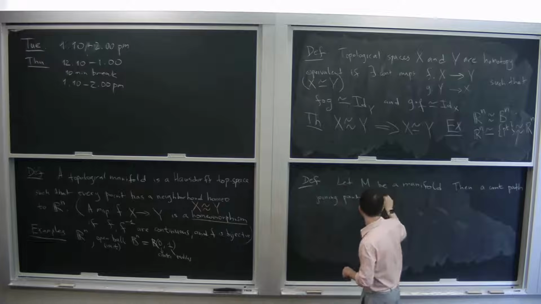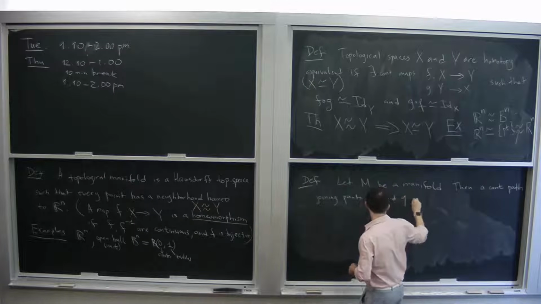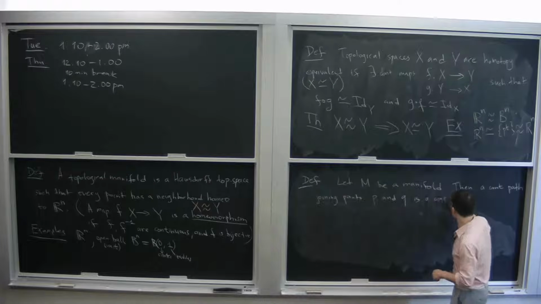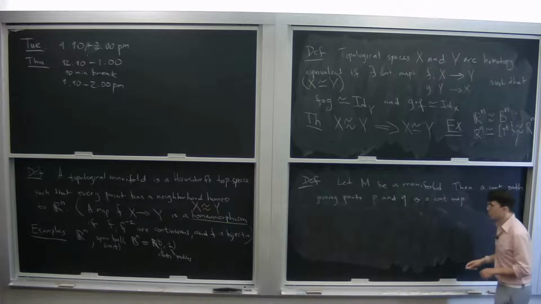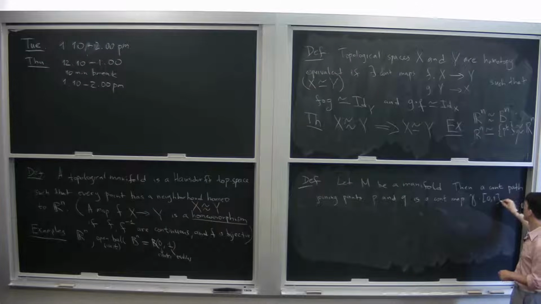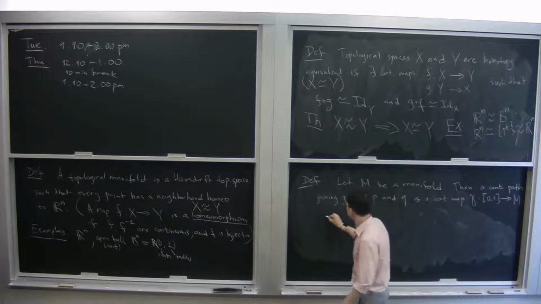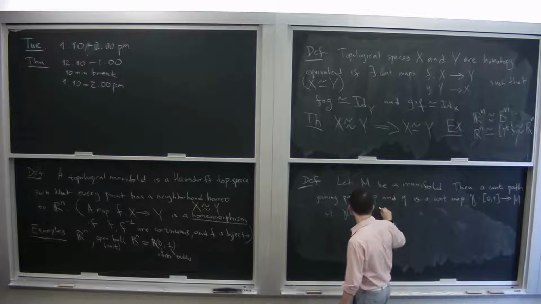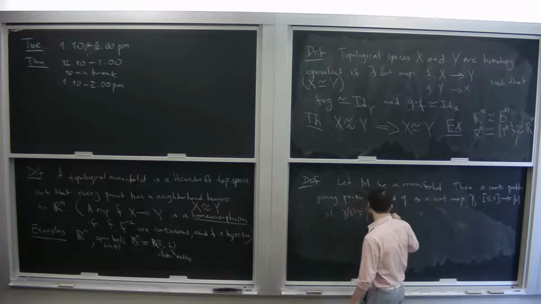P and Q in M. It is just a continuous map, which I will denote by gamma from the segment 0 to 1 to M, such that gamma of 0 is P and gamma of 1 is Q.